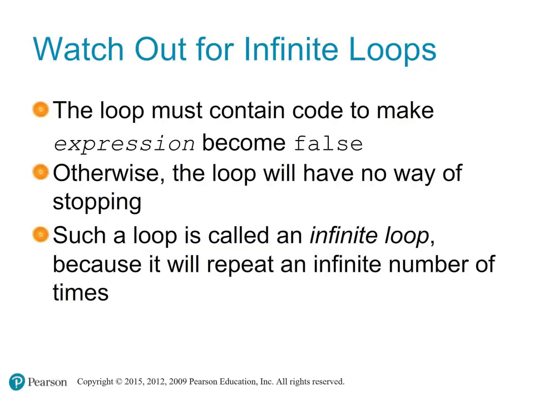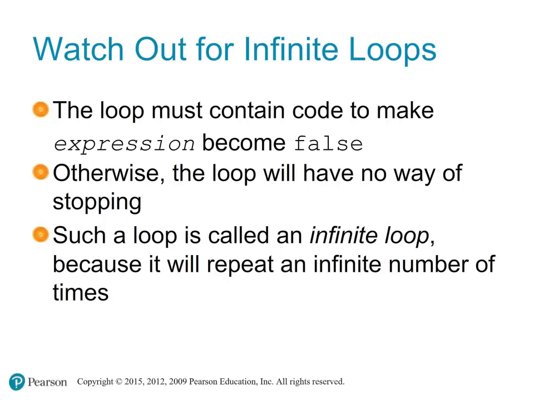An important aspect of writing while loops is ensuring they have a way to terminate. Failing to do so results in an infinite loop, which can cause various issues. Every while loop must contain code that eventually makes the loop's expression evaluate to false. This is important for the loop to terminate.